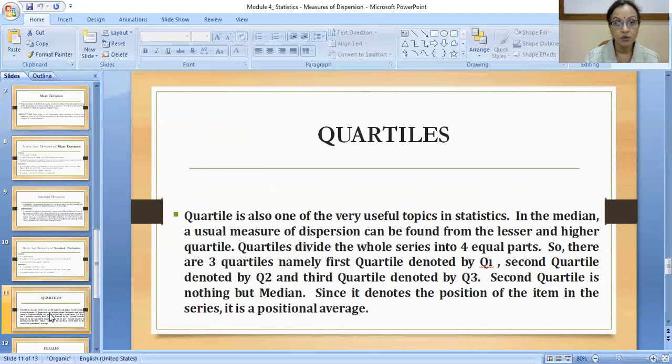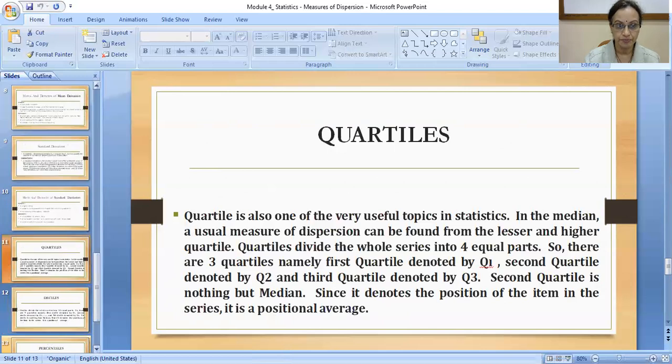So there are 3 quartiles, namely first quartile denoted by Q1, second quartile denoted by Q2, and third quartile denoted by Q3. The second quartile is nothing but the median, since it denotes the position of the item in the series. It is a positional average.